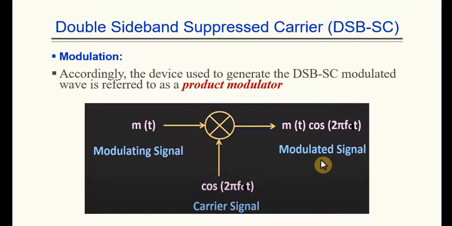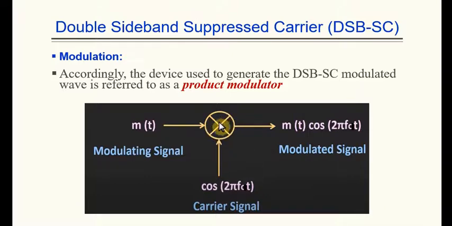Now let us explain the modulation process in the double sideband suppressed carrier as shown in this figure. As we have mentioned earlier, the modulated signal can be generated using a product modulator to generate the double sideband suppressed carrier signal.